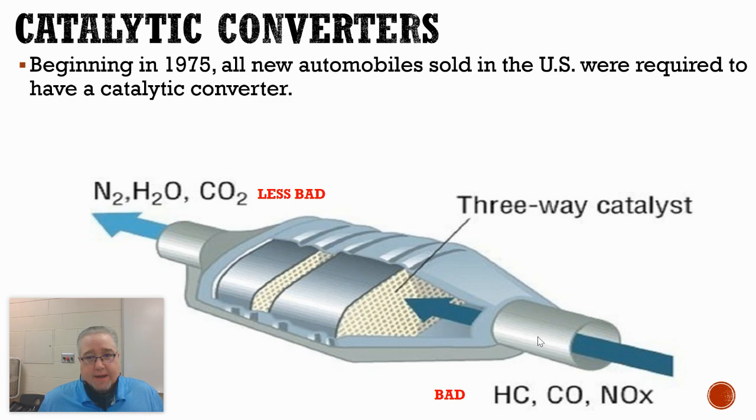So in one end of the pipe comes the bad stuff, and out the other end comes things like nitrogen gas, which we already have an abundance of in our atmosphere. In fact, living things need nitrogen, so that's not really a terrible thing. Water, that's not going to hurt anybody. That's water vapor, steam. And now this one here, CO2.